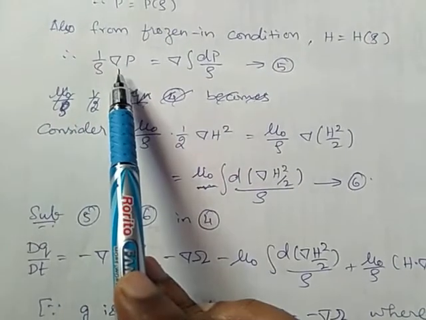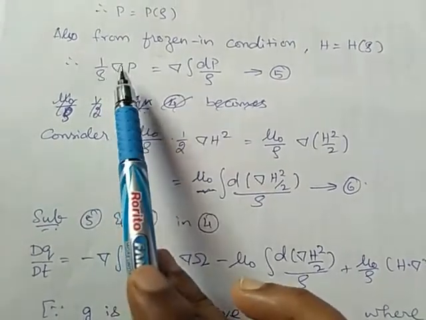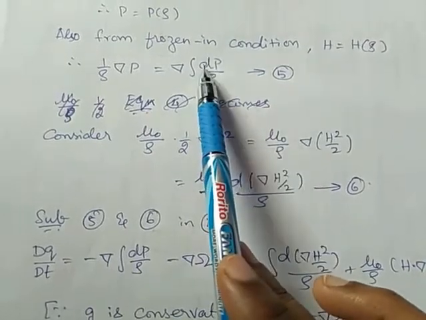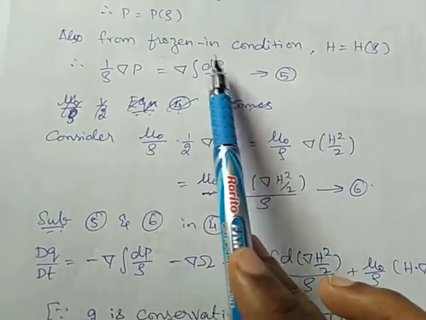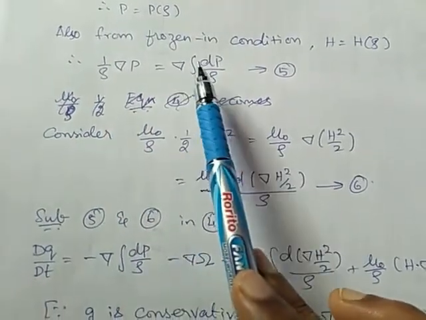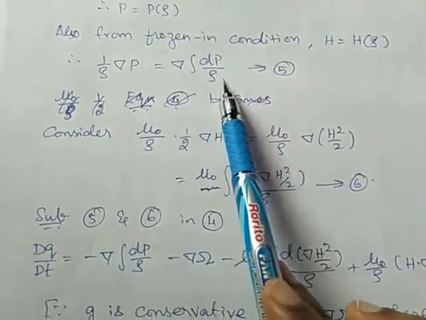In our momentum equation, we have the del P by rho term. This we can write as del of the integral of dP by rho. So the integration of dP is P itself. Therefore, del P by rho, I am writing as del of the integration of dP by rho.